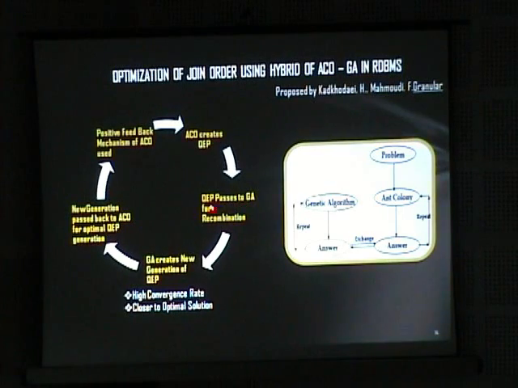These plans were passed on to GA for recombination, then the GA creates a new generation of query execution plans with the help of mutation. It was then passed back to the ACO for global updates, and then the positive feedback mechanism was used in order to create better results. So step by step GA and ACO were intermingled in order to find better solutions on relational databases.